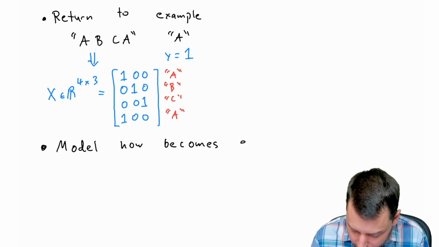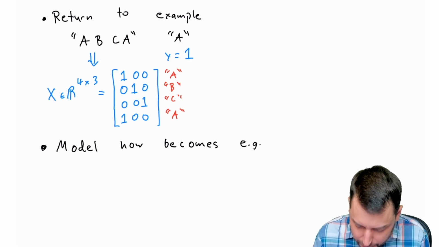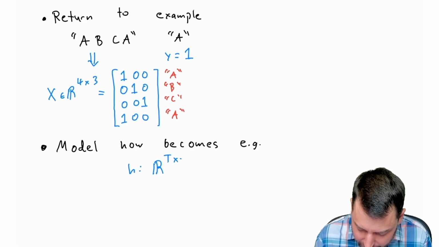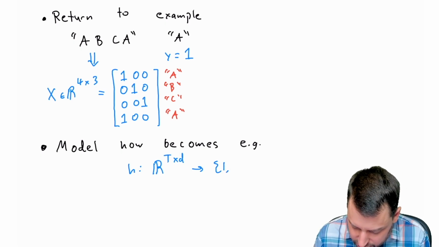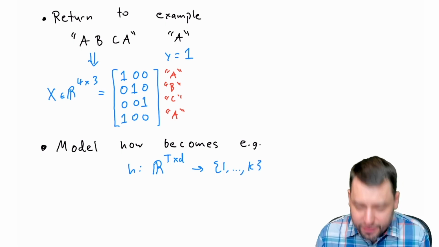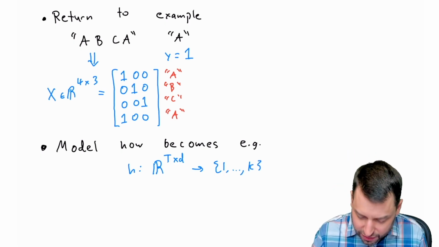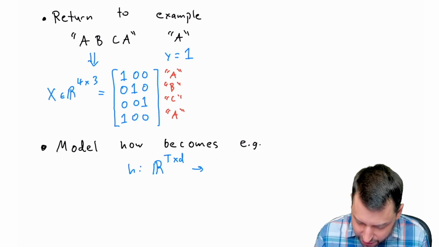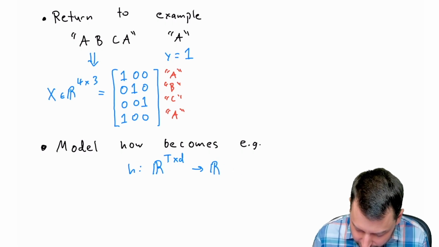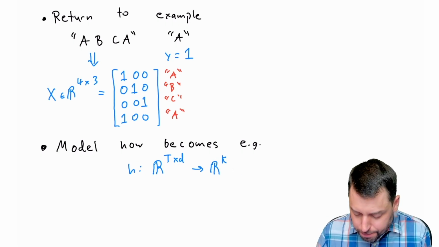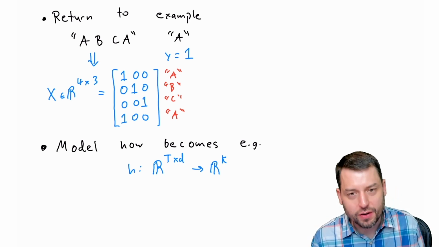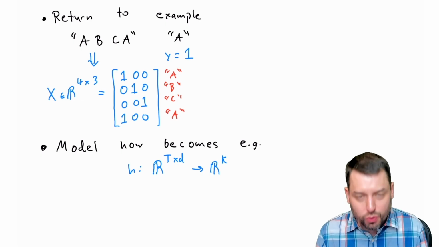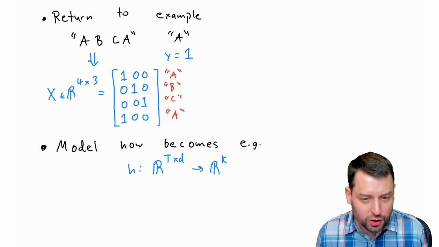So our model would, for example, be a function h which now maps T by D dimensional matrices to outputs in R^k, because we're still predicting probabilities, so vectors in R^k. We will eventually move to even more structured outputs than that, but this would be one example of what a machine learning model would now look like.